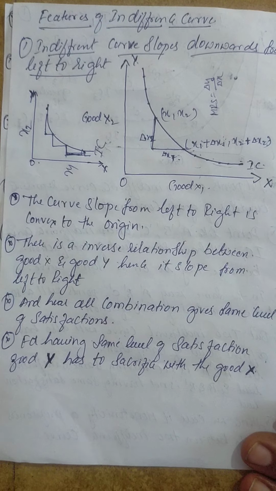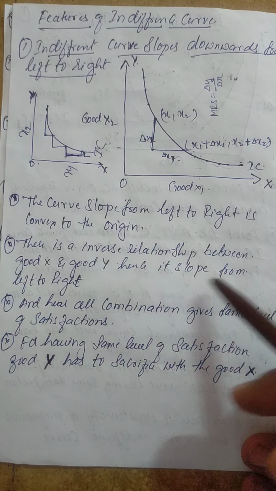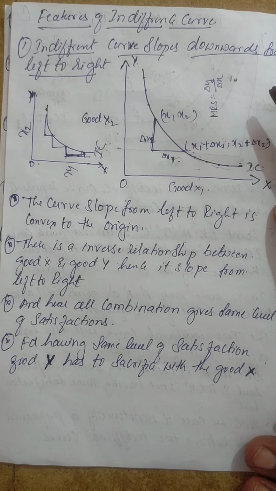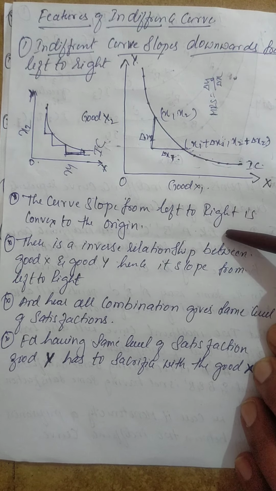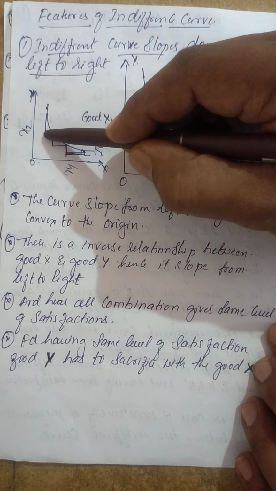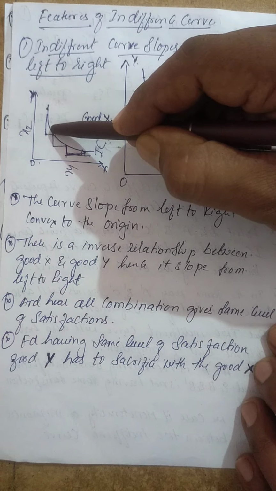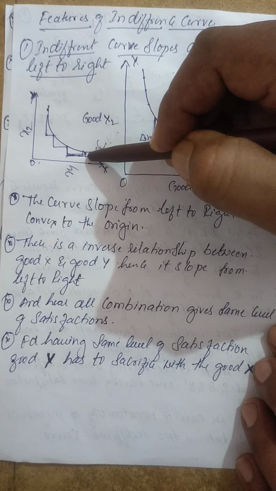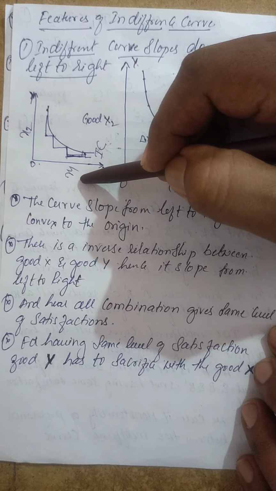And there is an inverse relation between good x and good y, hence it slopes from left to right, isn't it? Inverse relation, how? One is increasing, another should decrease. So this part is increasing and this part is decreasing. That means the horizontal axis, which we call good x, is increasing.